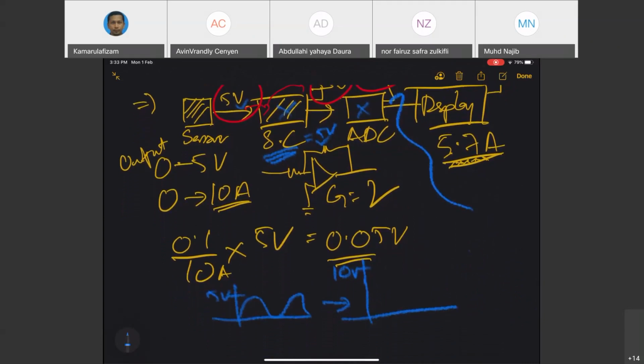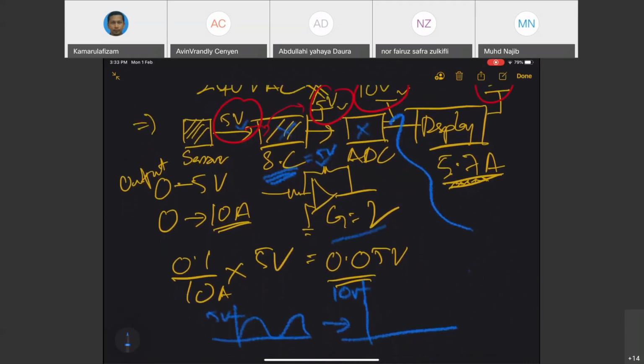In this case, you go to the ADC with gain equal to 2, so you will be amplifying your signal at this range. And of course, when you go to ADC, you will be working on the 10 volts information. So you are using a good kind of bandwidth for your signal, all right?